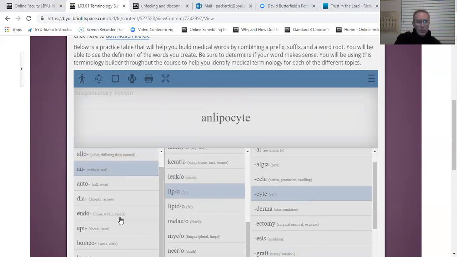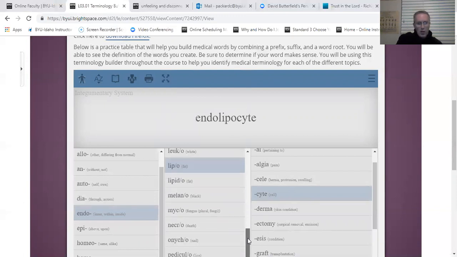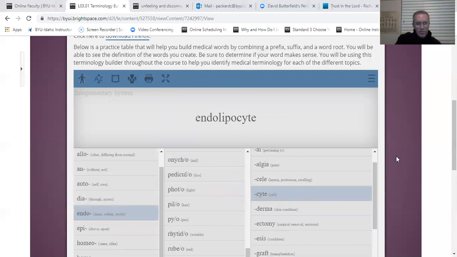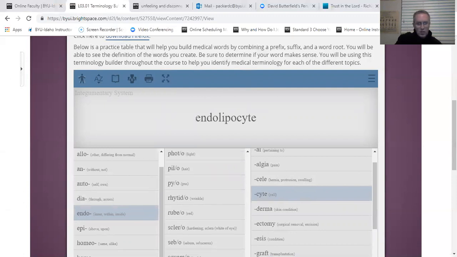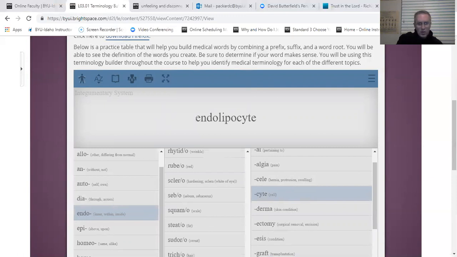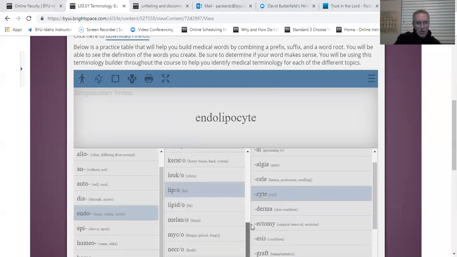Another prefix that's used often is endo. And let's find a good combining form for that. Endo. Let's see. Endo.